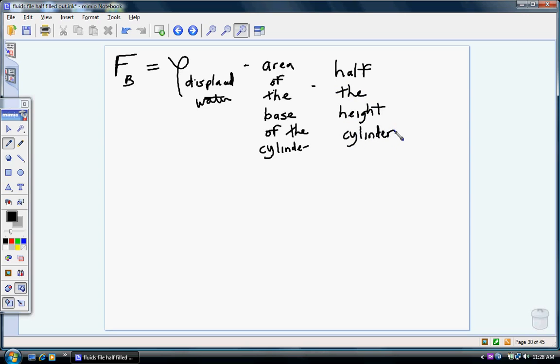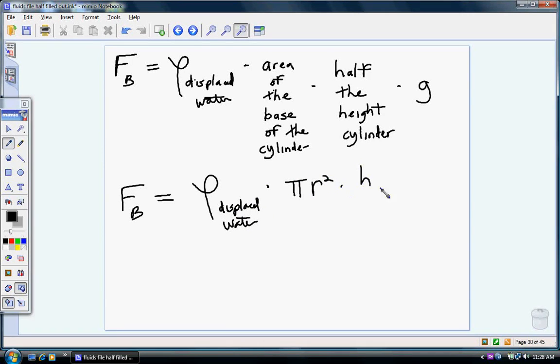That's the depth, or the part of the cylinder that's under the water, times G. So the buoyant force is equal to the density of the water times pi r squared, the area of the base, times half the height, because that's how much is under the water, times G.